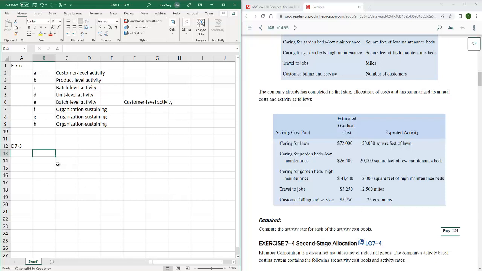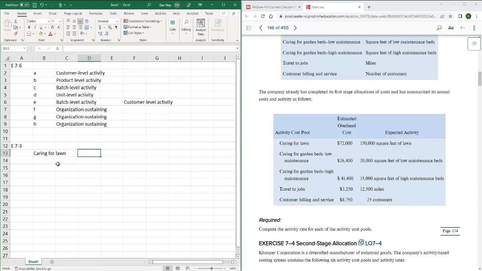So as I alluded to earlier, our activity rates really operate in a very similar manner to our predetermined overhead rates from our traditional costing systems back in chapters 2, 3, and 4, our job order costing and our process costing.